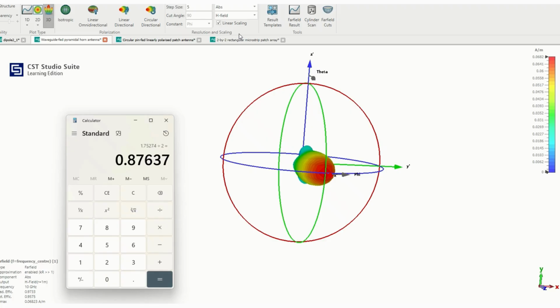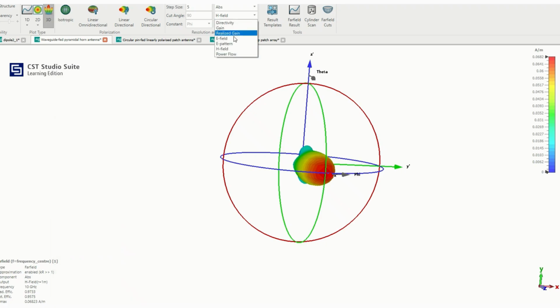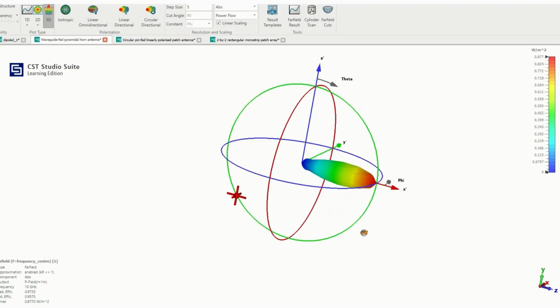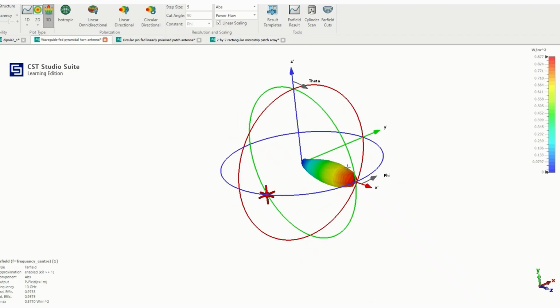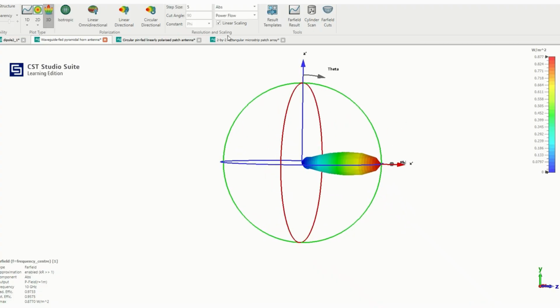So I'm going to check what the power value is. Then here you can see that it is showing 0.87. That is how the electric field distribution, magnetic field distribution and power are related. So here also, if you look at the power distribution in linear scaling, the visibility is not okay.